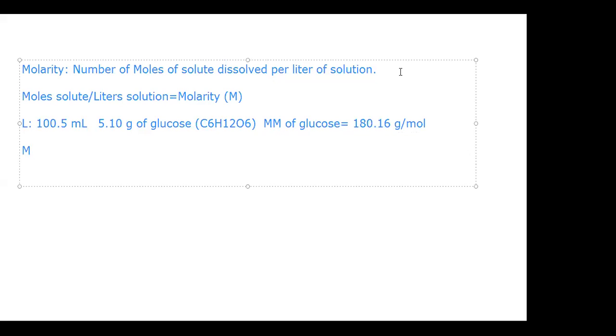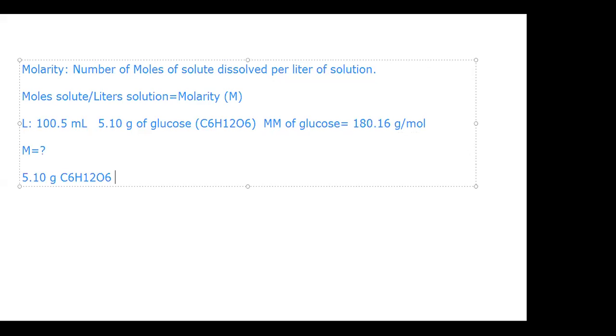First thing we're going to do is turn 5.10 grams of C6H12O6 into moles of that, okay?